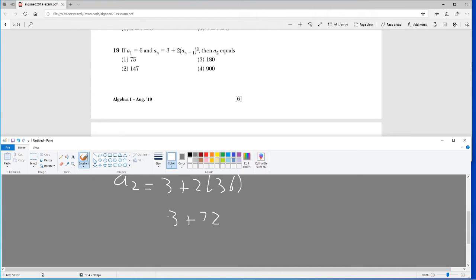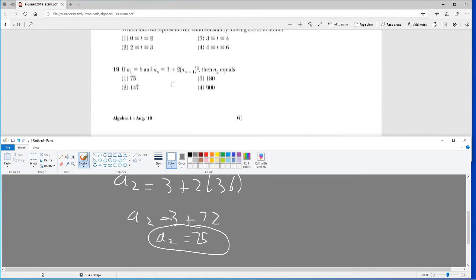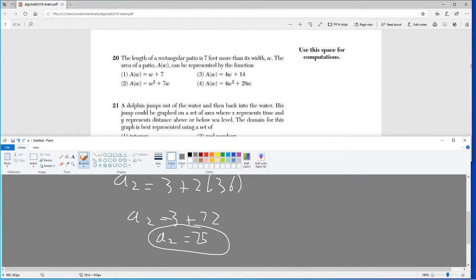So 3 plus 72, so a2 is equal to 75. So the answer to 19 is choice number 1.